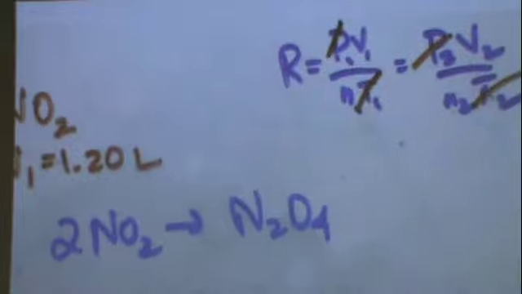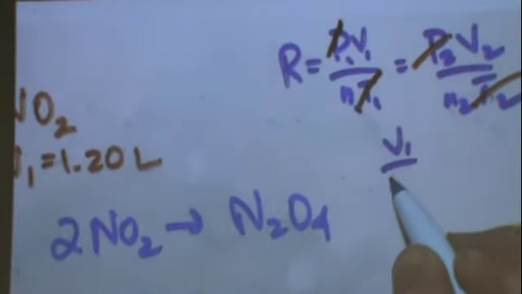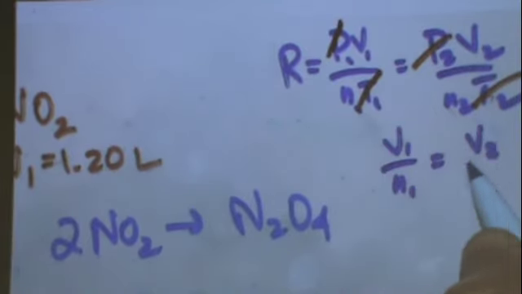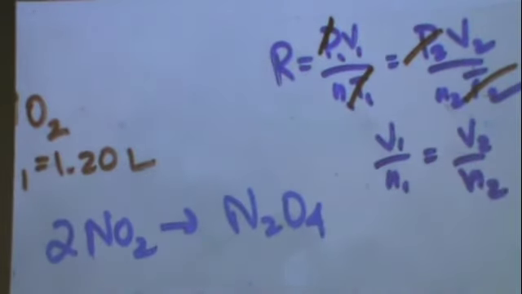So I'm going to ignore that. And so what's left? Well, all that's left is V1 over N1 equals V2 over N2. And I asked myself, was volume changing? Yes, that's what it asked me about. Are moles changing? Yeah, there's a reaction going on, so moles are changing too.